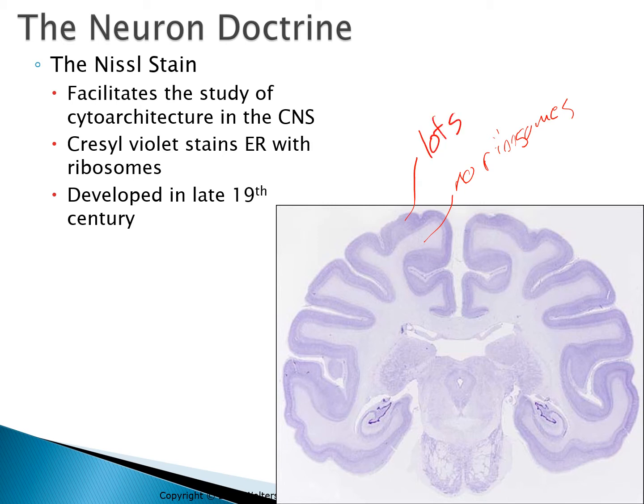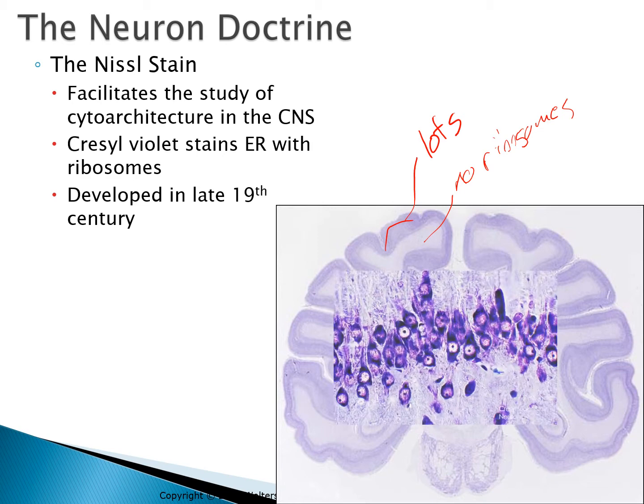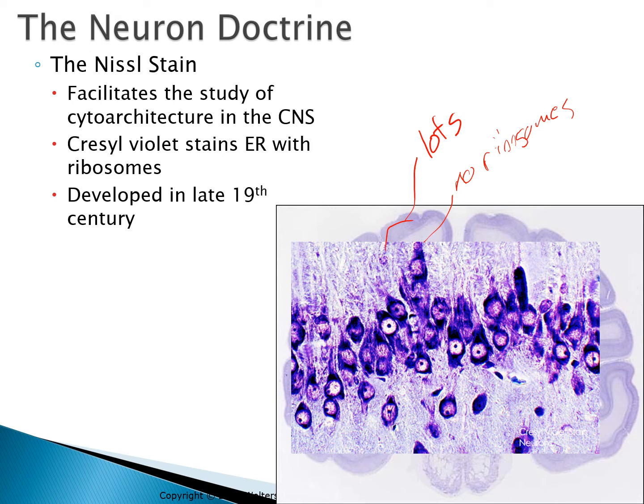That tells you that a lot more proteins are being created in these outer regions. What we end up finding is that the outer region is very densely packed with cell bodies, whereas the inner region that's kind of white there is a lot of the axons. That's a lot of the projections where there aren't any ribosomes and no proteins being made.